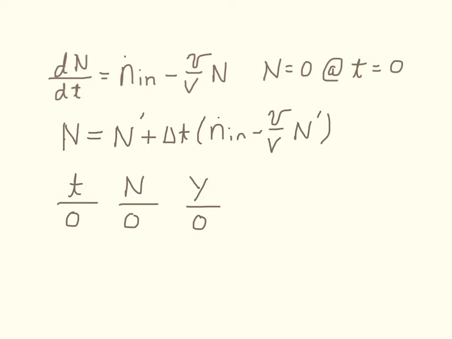Now, whatever increments you want to use, let's say 10 minutes. We'll calculate a new n based on the previous n, which was 0 in this case, using the Euler equation, and calculate a new y. We could do that all the way to 480 minutes, which is 8 hours, and we'll get a number of moles, and we'll calculate a mole fraction.